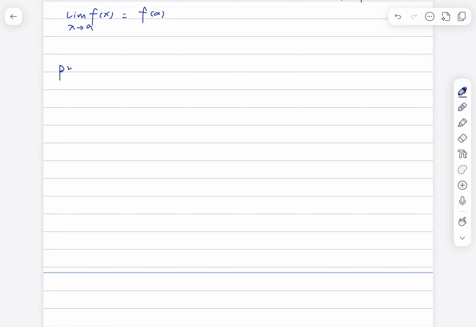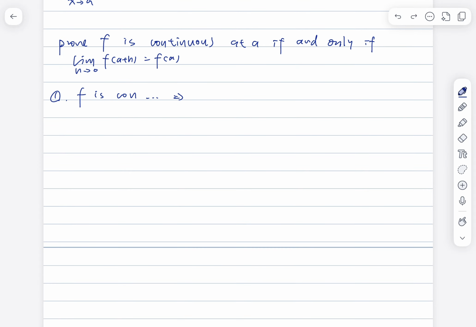If f is continuous, then the limit as x approaches a of f(x) is equal to f(a). The definition is that |f(x) minus f(a)| is less than epsilon whenever |x minus a| is less than delta.